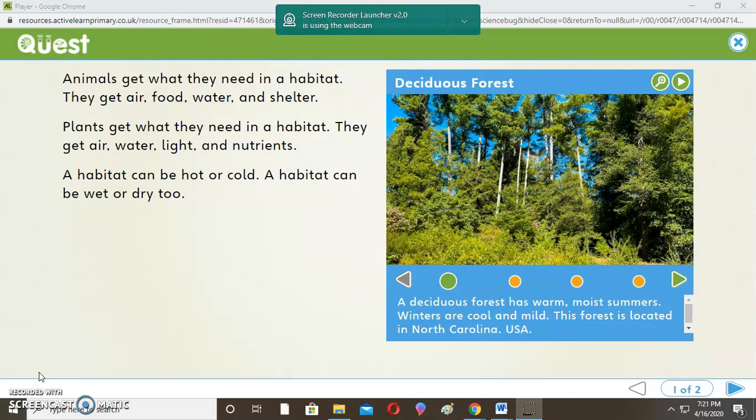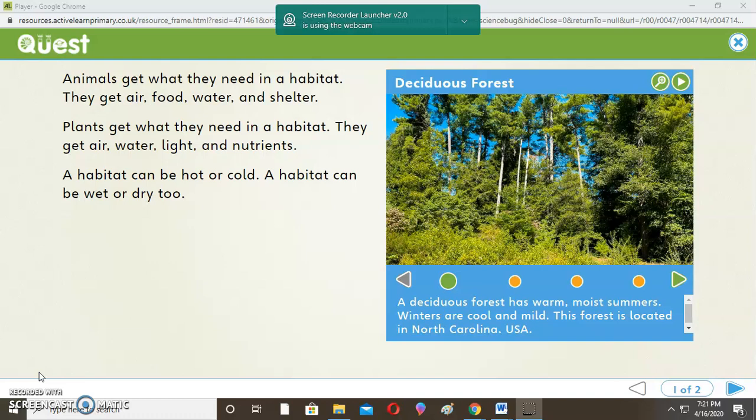For example, you might find a plant that can grow in a desert, like cactus. Cactus can grow in a desert because the desert is hot, and that is the best place that it can grow. You cannot find a cactus in a rainforest.